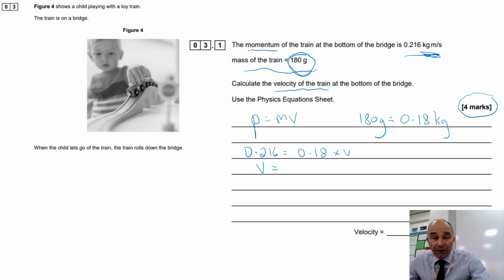We divide both sides by 0.18, which gives us 0.216 divided by 0.18. If you put those numbers into your calculator, you're going to get the value of 1.2 meters per second. Nice 4 marks to get.